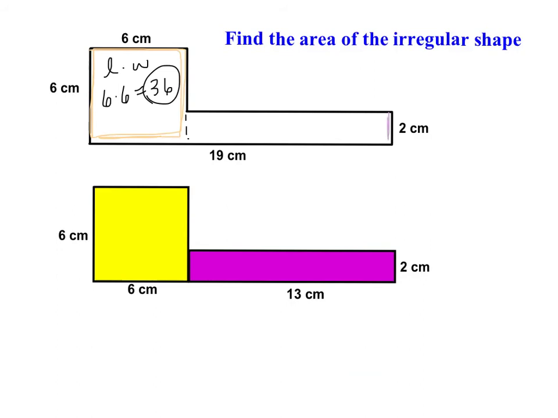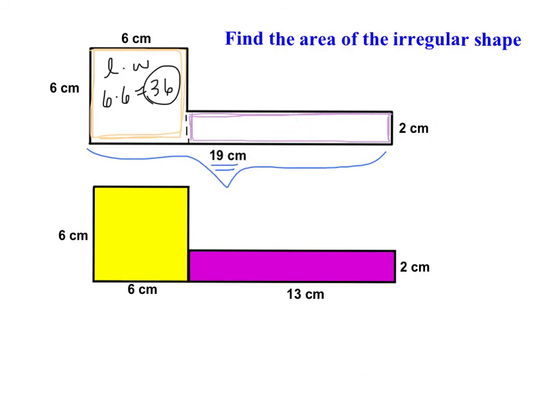This is a 2 by this number. Again, just like the last one, let's reiterate. This 19 is the whole entire length of that, but I don't want 19. I only want this length right here.